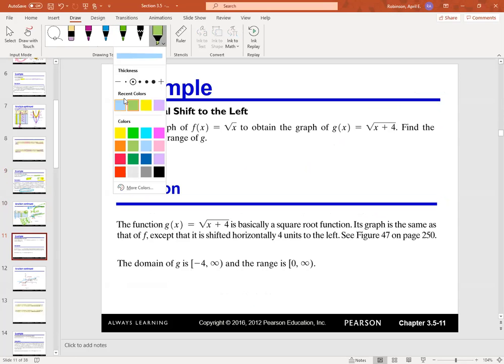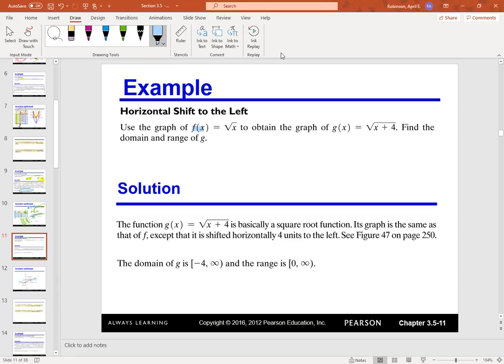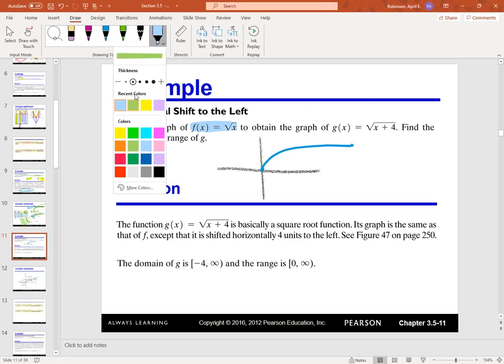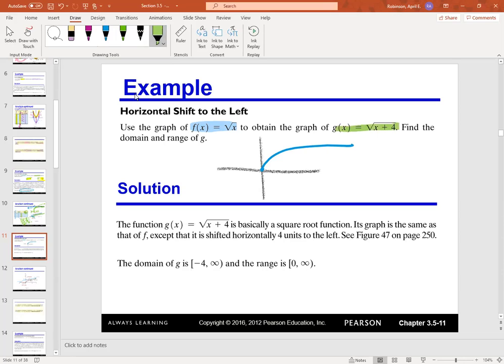Starting with that original function again, which is f of x is the square root of x. So I'm looking at this guy going like that. But then they put a plus 4 on the inside.